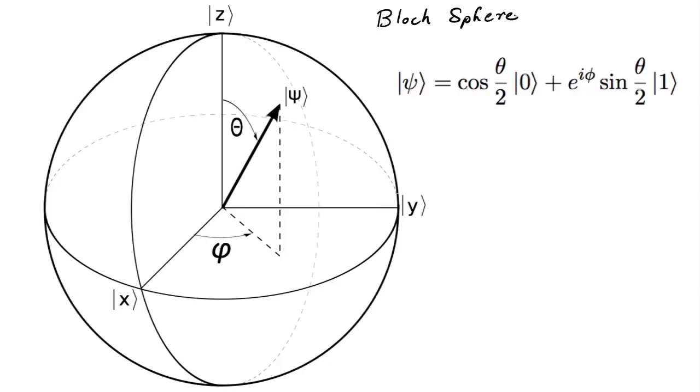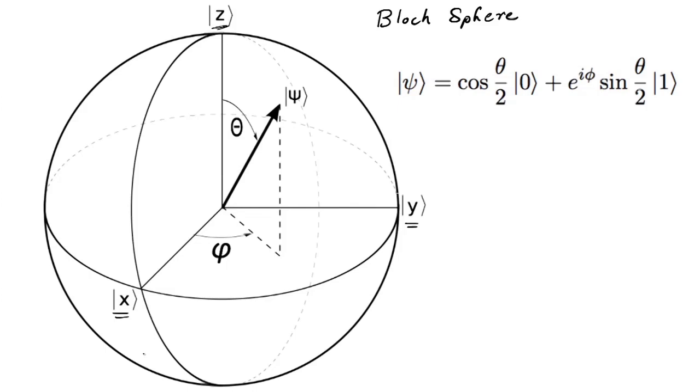So the way we think of this vector psi is as a unit vector in three-dimensional space, where theta and phi are our polar coordinates. In other words, we are thinking of three-dimensional space where this is the x, y, and the z-axis. So the z-axis points up, x and y like this.